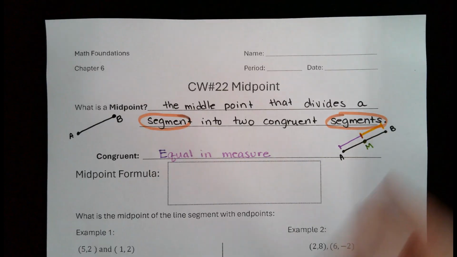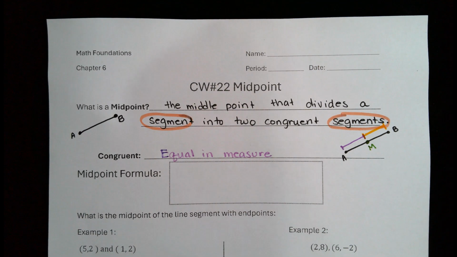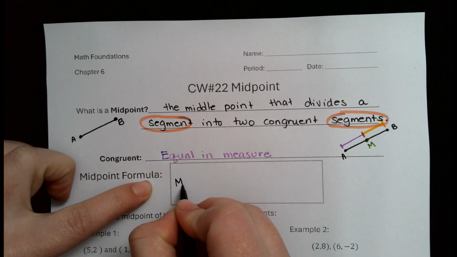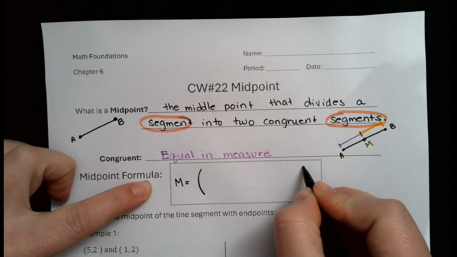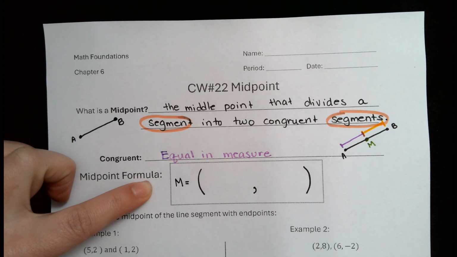To find this middle point in a graph on a segment or a line, we are going to have a midpoint formula. The midpoint formula starts off with capital M is equal to, we're going to open up. Now, a midpoint is a point. So there's going to be parentheses, there's going to be a comma in the middle.